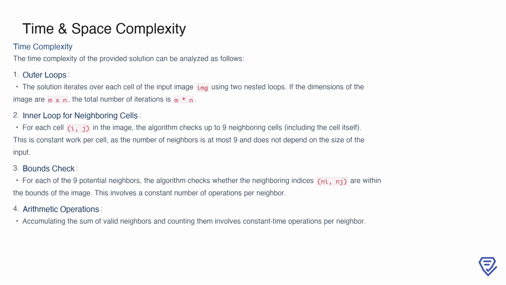This is a constant number of operations because the number of neighbors does not depend on the size of the image. Additionally, for each potential neighbor, the algorithm performs a bounds check to ensure the indices are valid. This involves a fixed number of operations for each neighbor. Finally, operations like summing the values of valid neighbors and counting them are also constant time operations per neighbor. Together, these steps form the basis of the time complexity analysis.